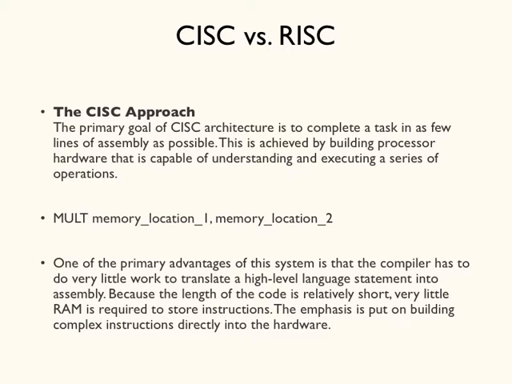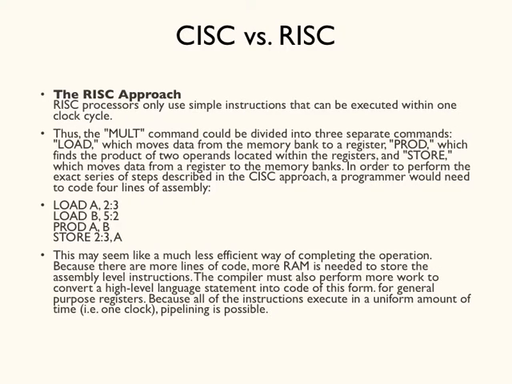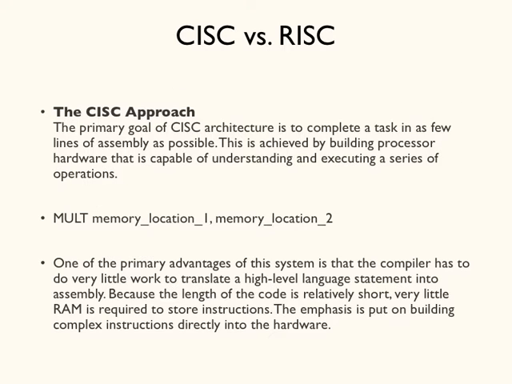Because to implement something like this, they have to use a lot of translators, some physical devices. So you have to put more physical devices on the CPU, and all of them just consume power.